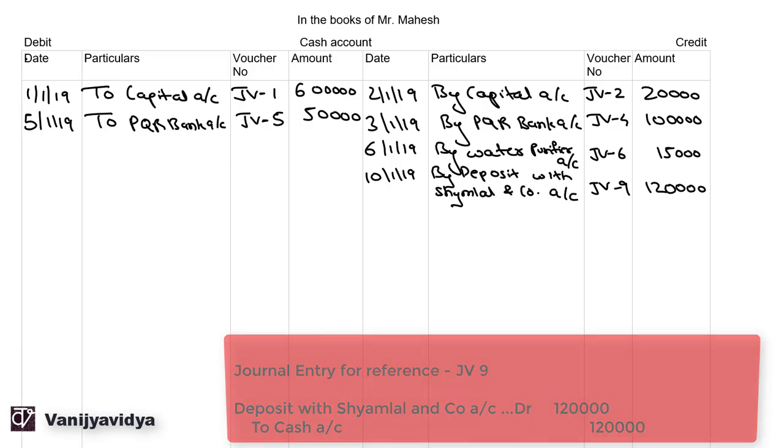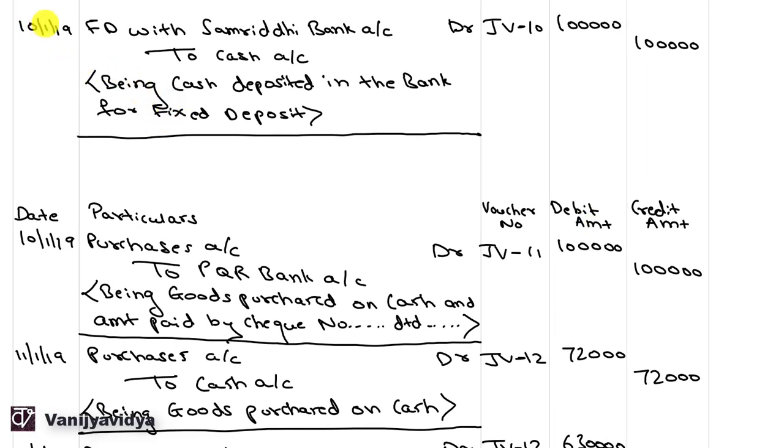Now let's post the next journal entry. 10 Jan 2019, FD with Samriddhi bank account debit 1 lakh to cash account 1 lakh, and JV is JV10. Now there will be two impacts of this journal entry. One is on the debit side of FD with Samriddhi bank account and one more is on the credit side of the cash account.